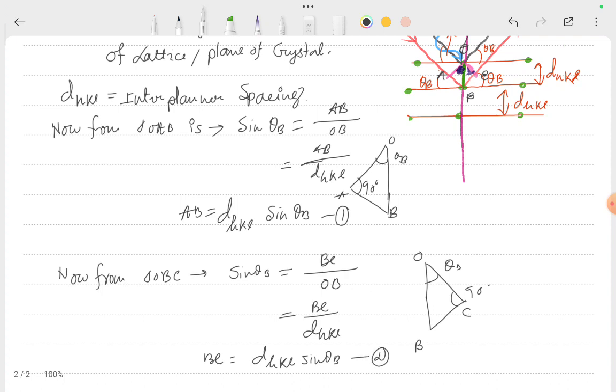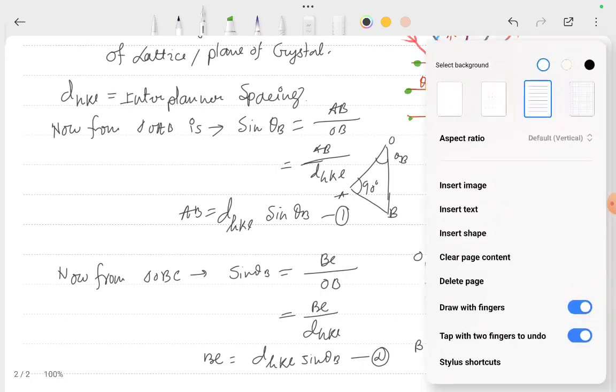Equation number 2. Okay, we get those two values, AB and BC. So in all, we know the first difference in diffraction patterns.